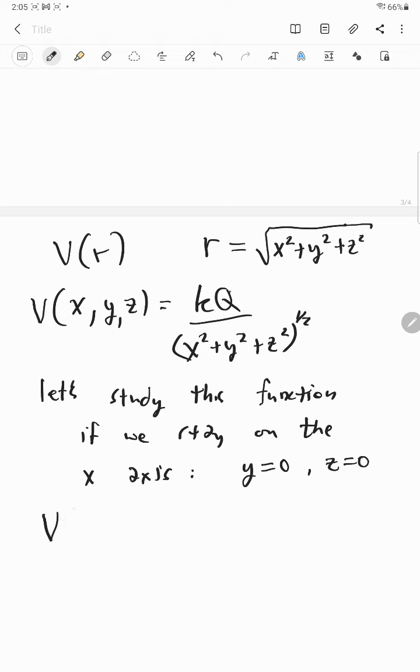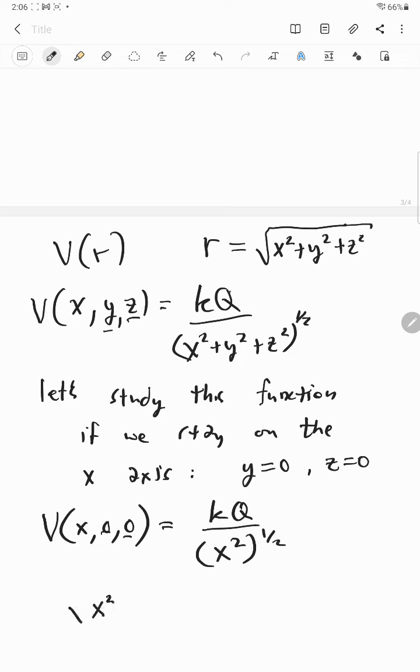So V of x, 0, 0 is equal to kq over the square root of x squared. And you have to be really careful because the square root of x squared is not x.